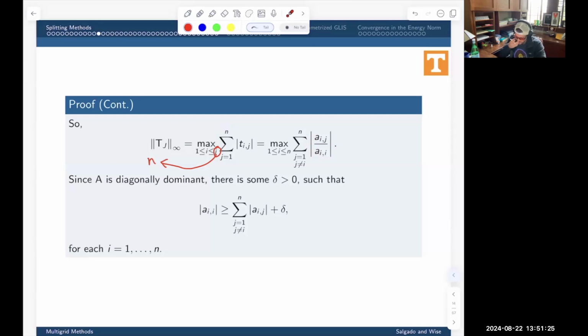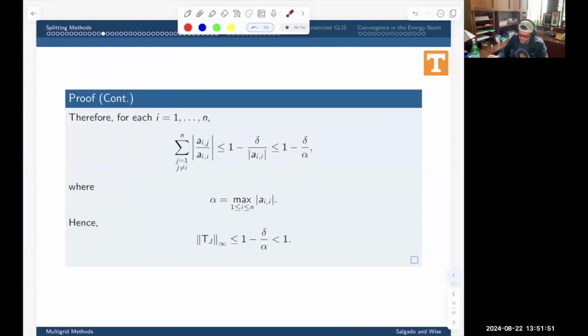Now since A is diagonally dominant, there's some positive delta such that the diagonal element in absolute value is greater than or equal to the sum of the absolute off-diagonal elements plus that delta, for each i between 1 and n. And so this delta is independent of i.